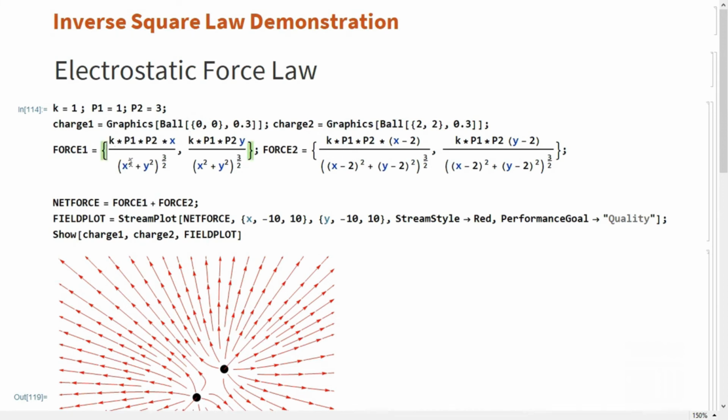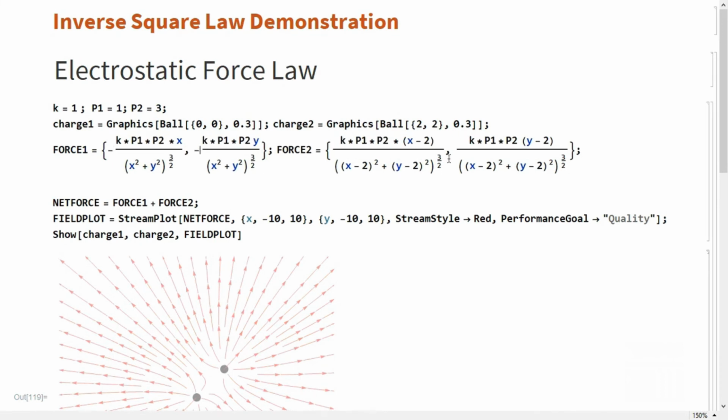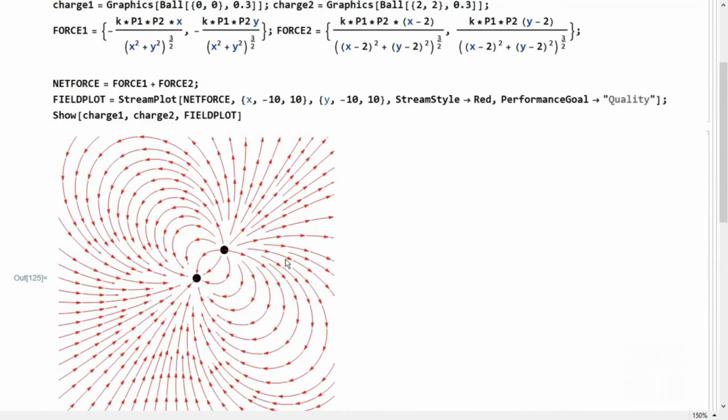For example, I can use this minus sign in force 1, let's say. So this means one of the charges is negative, right? And let's try to run this whole thing. And as you can see, this is a very, very accurate representation of our electrical field lines.